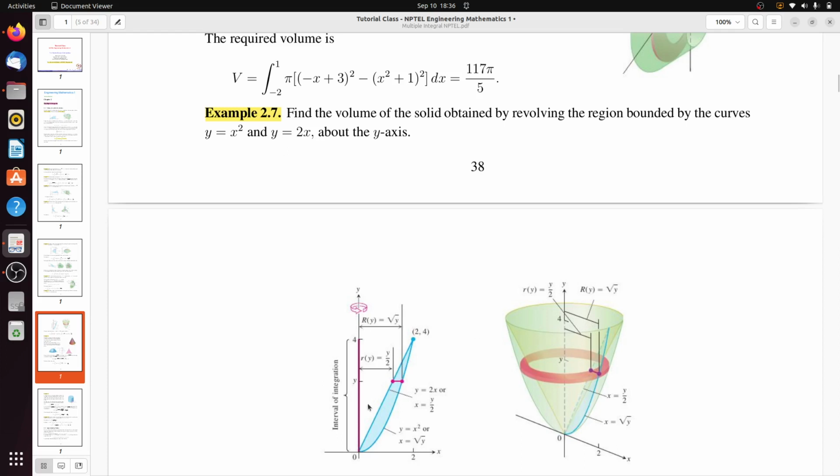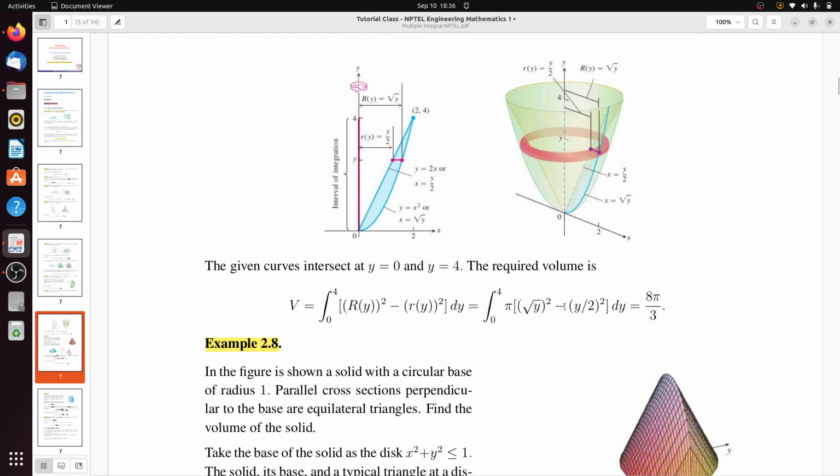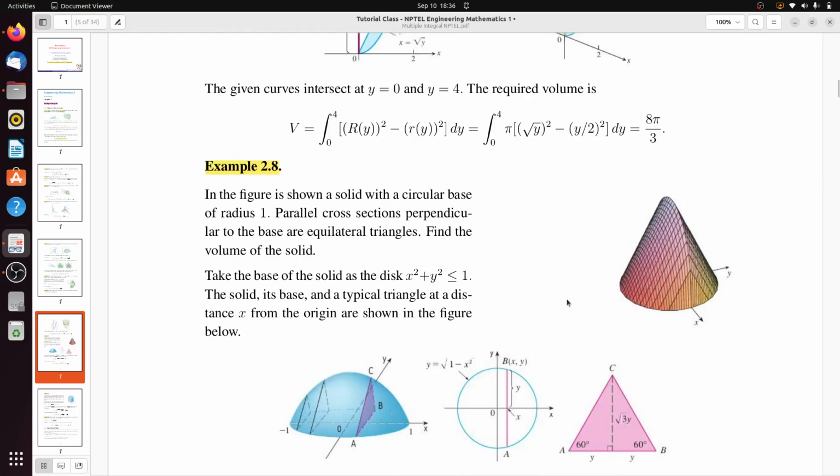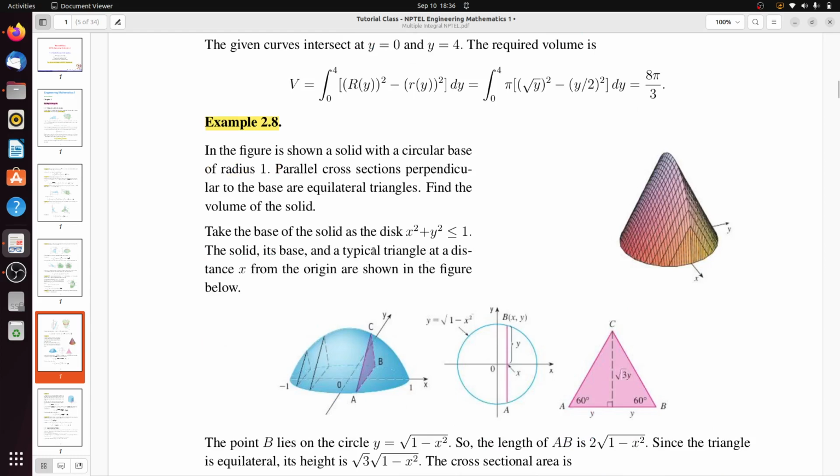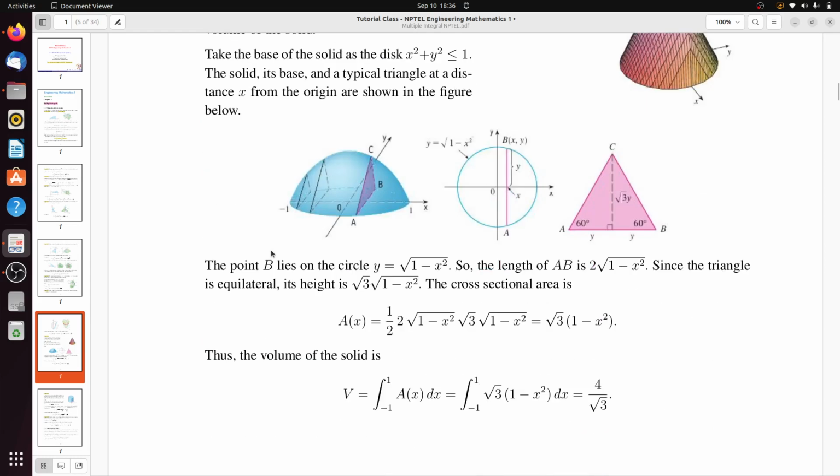Then you have to determine the sectorial area, then the limits of integration are 0 0 and 2 4. Then you have to just move this tiny slice around the y-axis when your integration is 0 to 4, and then you have to just subtract them. So these are some complex problems.